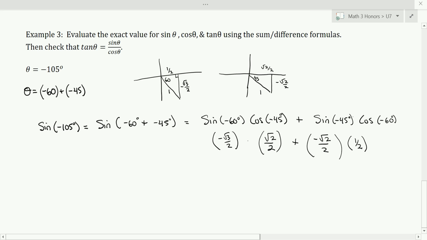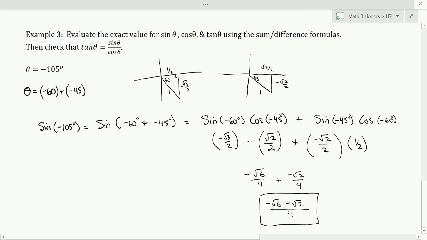And so then I need to multiply my fractions together and get negative root 6 over 4. And then multiply those, and I get negative root 2 over 4. Denominator is 4, so make it one fraction. Negative root 6 minus root 2 over 4. And you guys have seen this before, right?